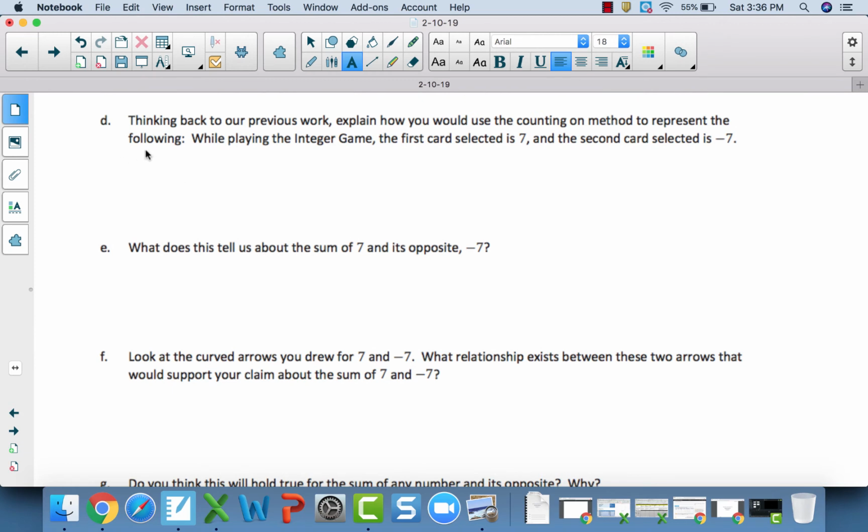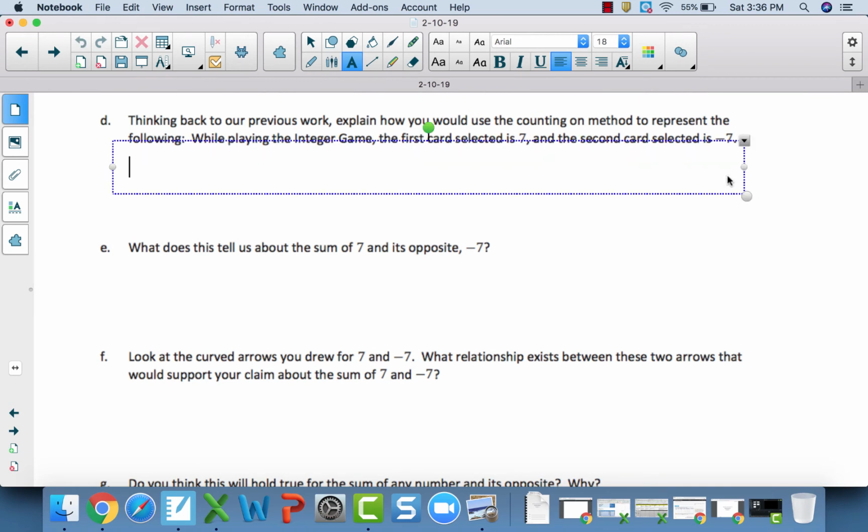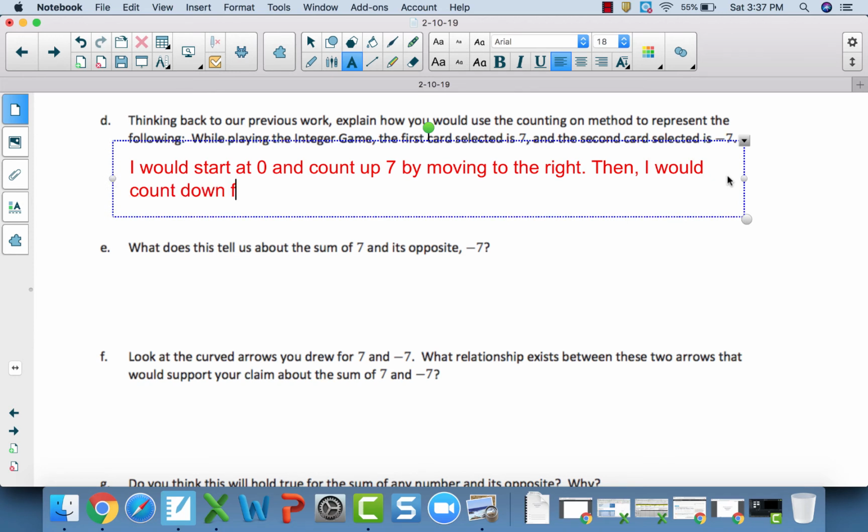All right, so if we're looking at D here, what would we do if we had 7 and then -7? You would start at 0 and count up 7 by moving to the right. Then I would count down from 7 to 0. Okay?